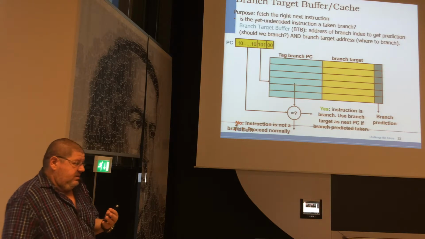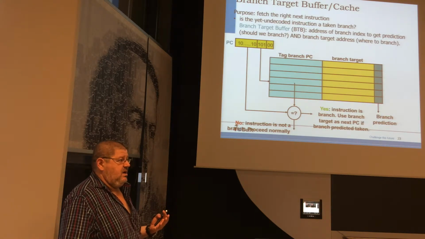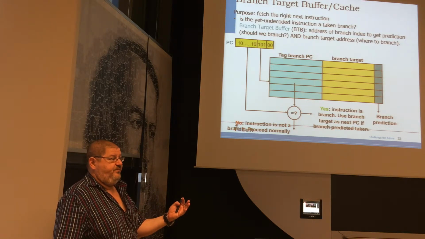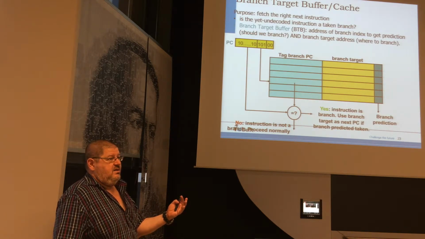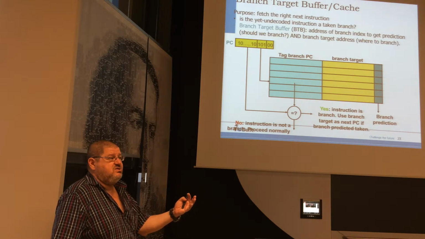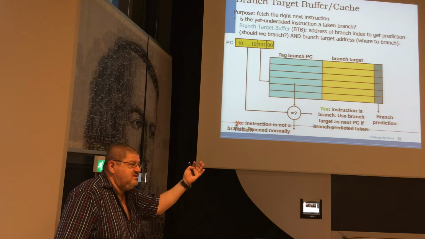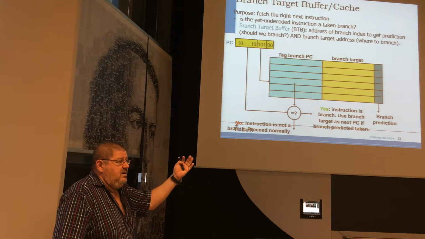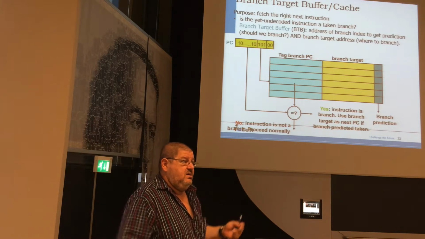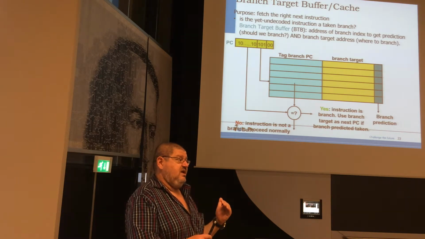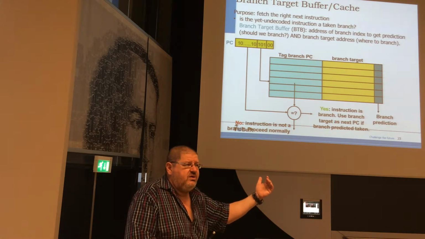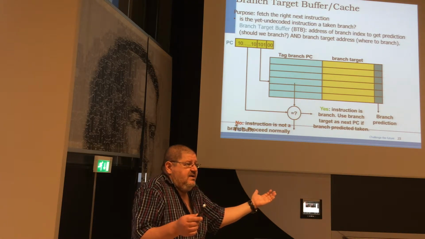Now, when you have a branch and the predictor is saying that the branch is taken, you have to do a calculation because your branch will go to a certain address. If you look in the branch history table, you assume that that branch was executed before, because the history is there, right?